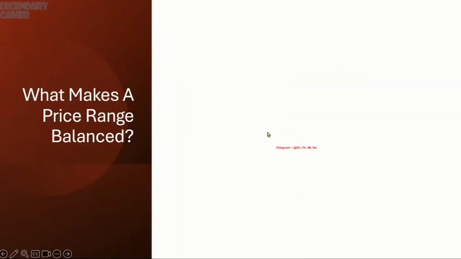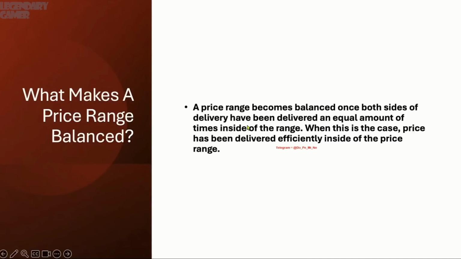So what makes a price range balanced, you might be wondering? A price range becomes balanced once both sides of delivery have been delivered an equal amount of times inside of the price range. Let me repeat that. A price range becomes balanced once both sides of delivery have been delivered an equal amount of times inside of the range.